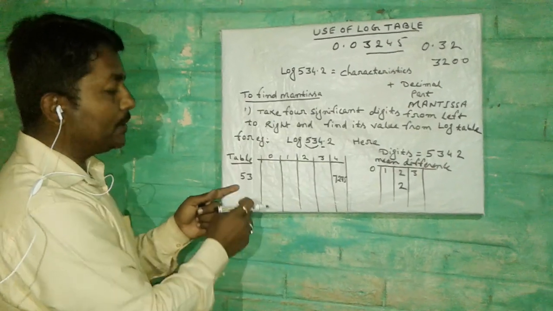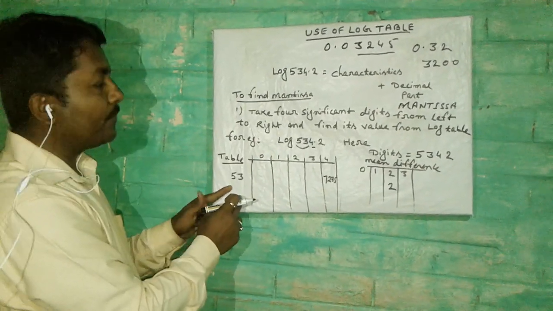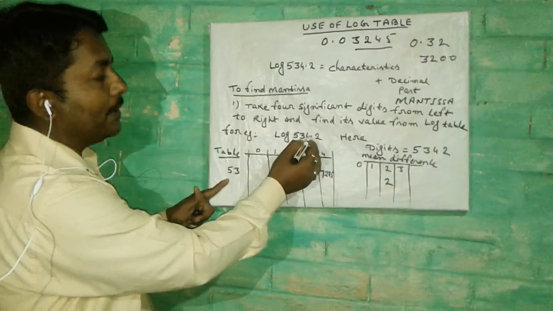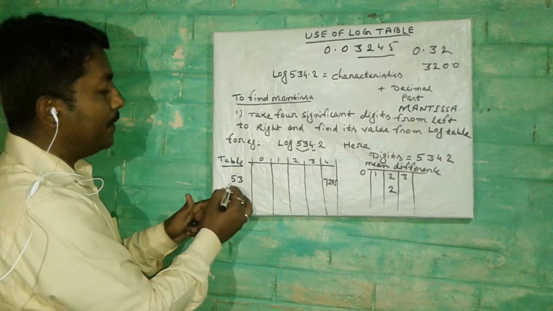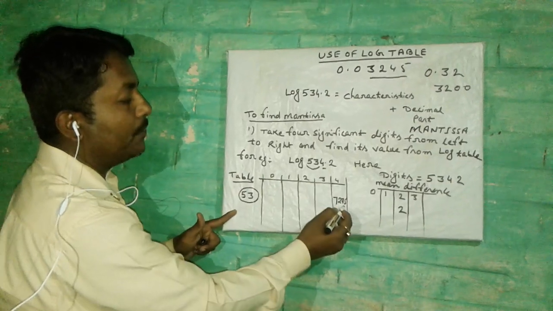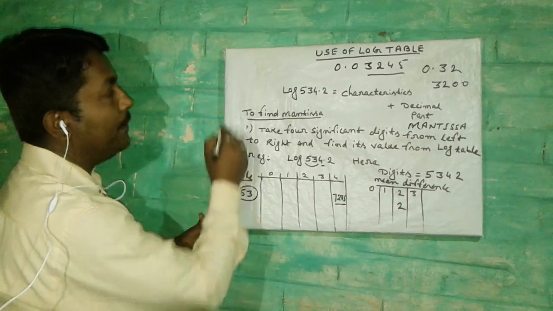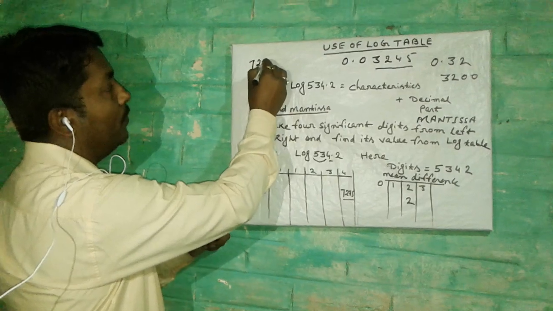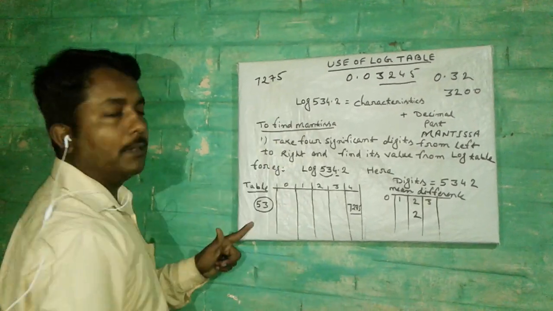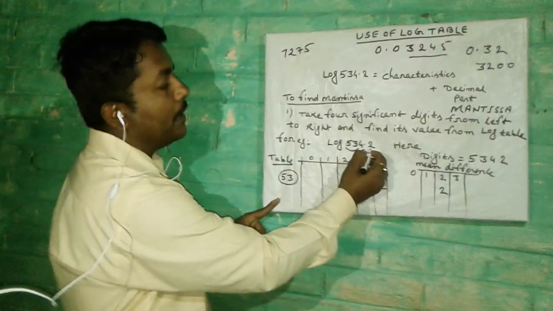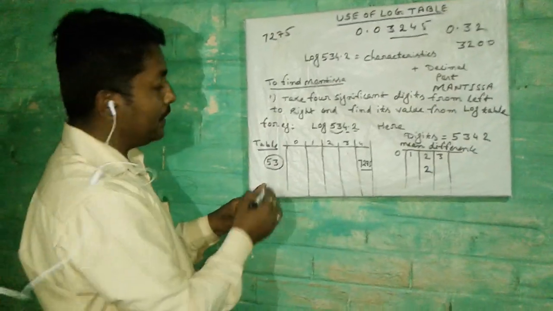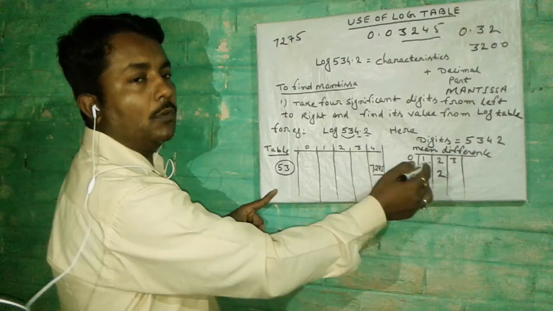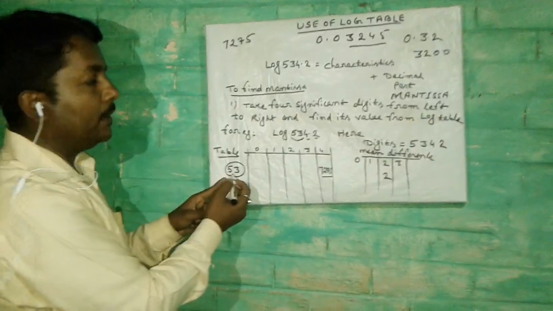In that column you see the value. I have written here that for 53 in the fourth column, the value is 7275. Then for the last digit, that is the fourth digit, you have to find the mean difference in the same row, that is in 53.